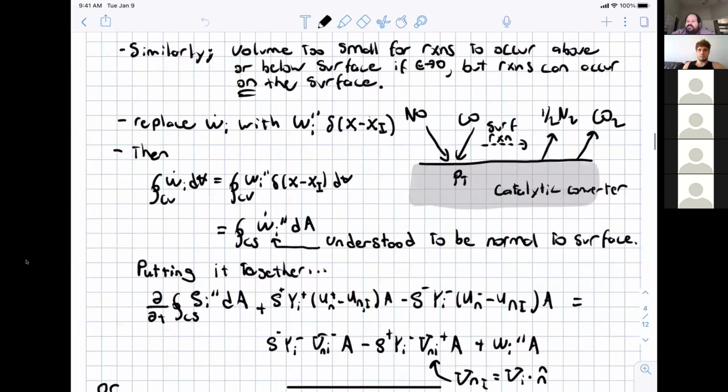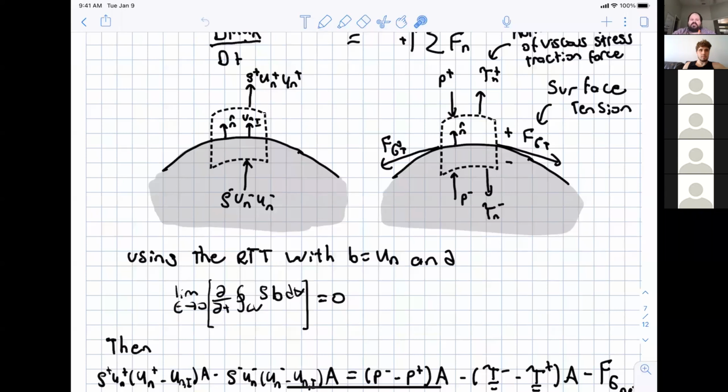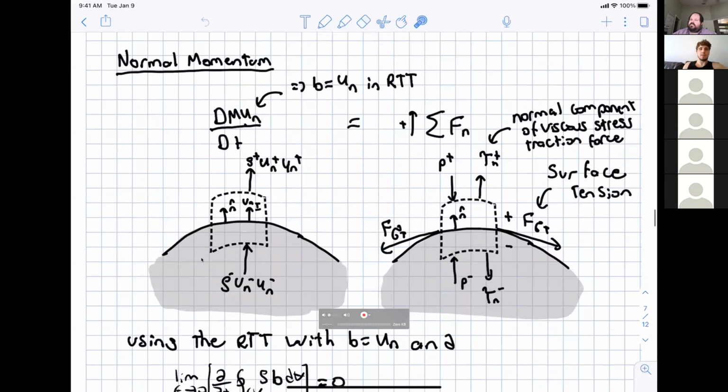Is it working now? We haven't seen any movement yet. Oh, yeah. Okay. Now it makes sense.